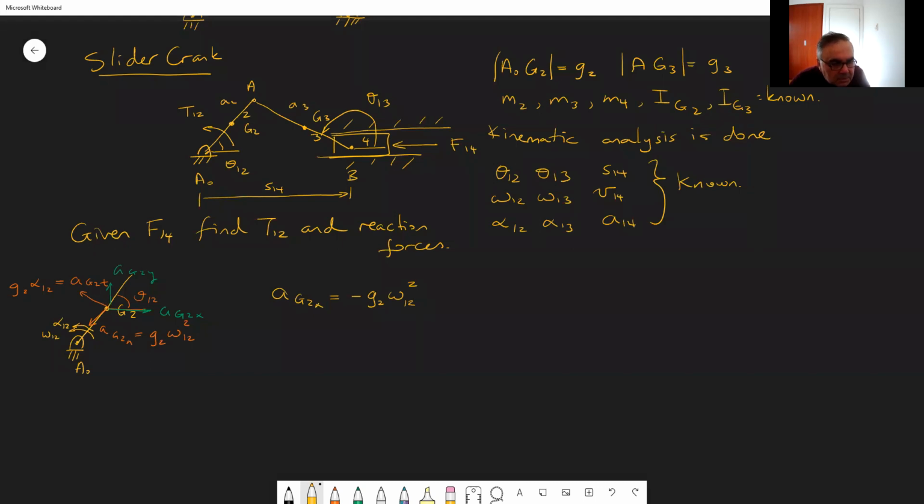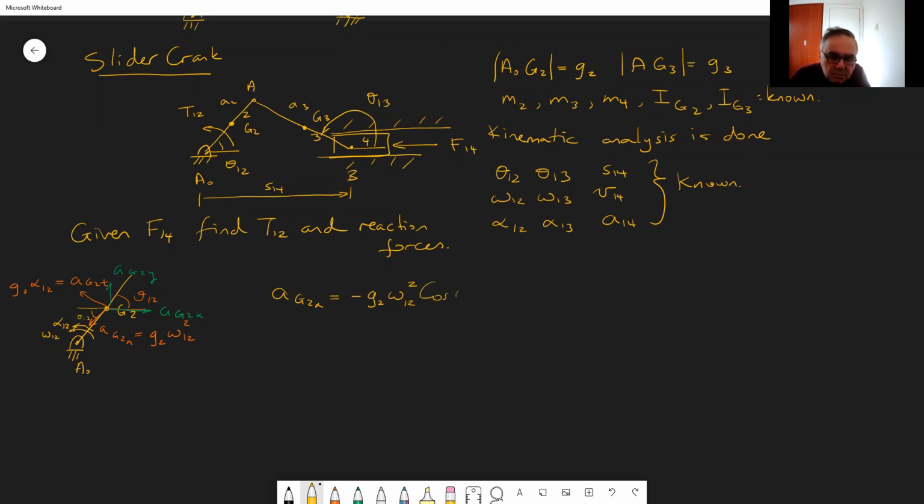Now, what is that? Yeah, this angle will be theta 1,2 as well.